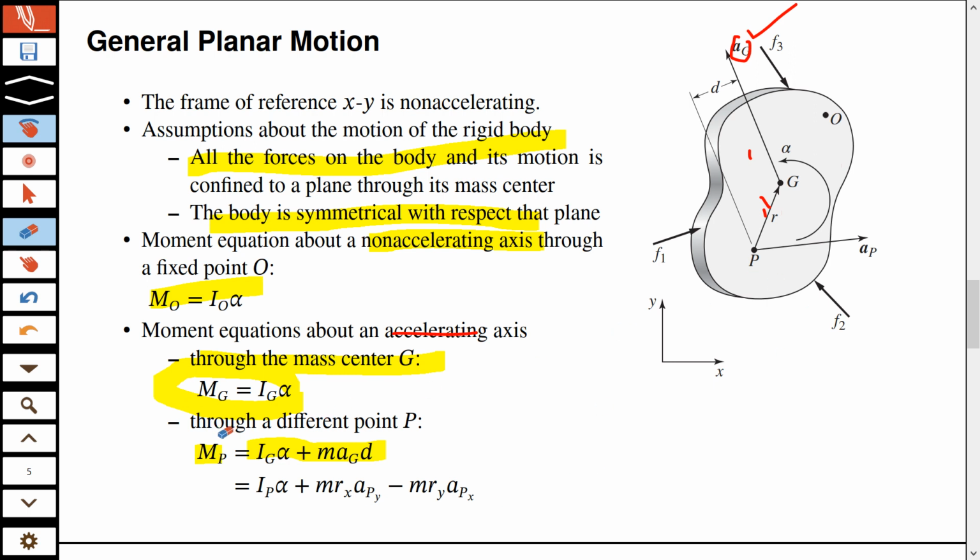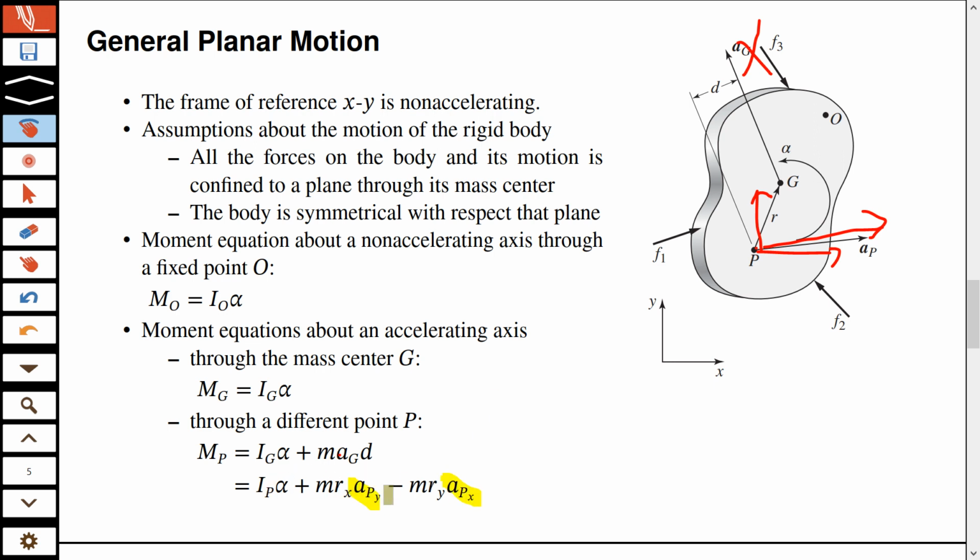But if you want to have these equations through a different point, let's say P, then you have two forms. If you have the acceleration of the center available to you, then you just need to write the distance from point P and AG. But if you know the linear acceleration, not of the center but of some other point, then you have to decompose it into two components, and then APY will multiply Rx and APX will multiply Ry.